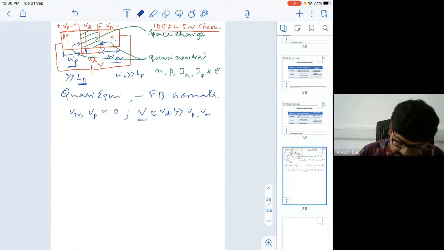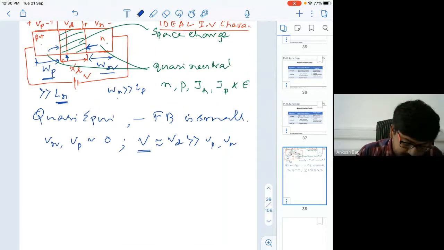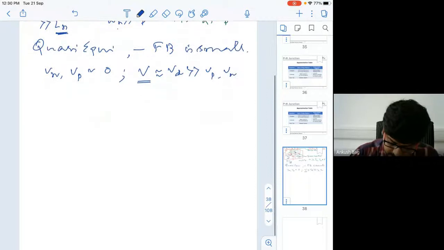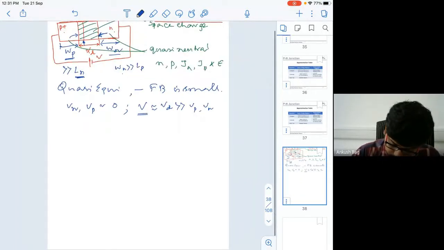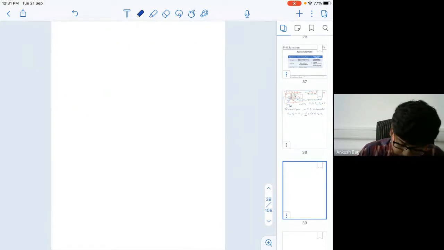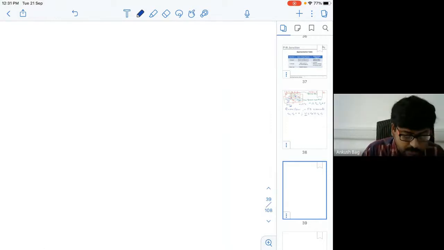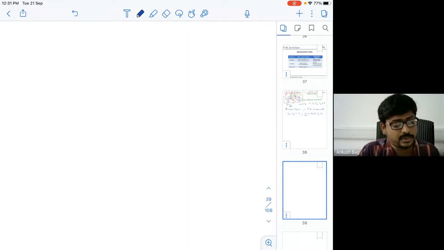Now, first let us try to see the electric field distribution. For that I need to draw. What is the electric field distribution in a PN junction, similar to what we did in the thermal equilibrium condition?